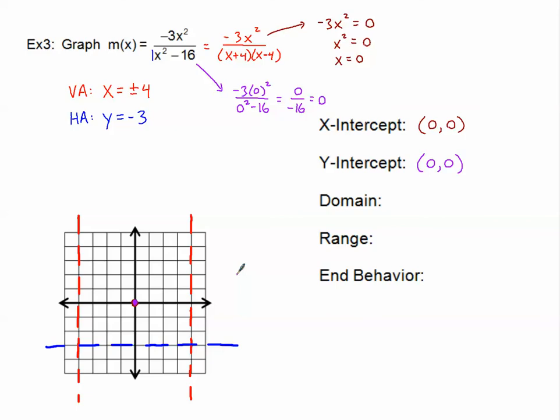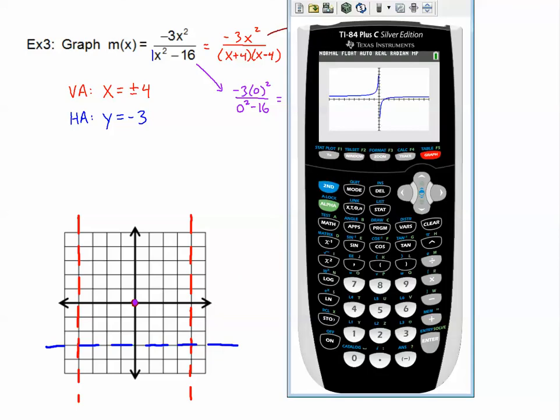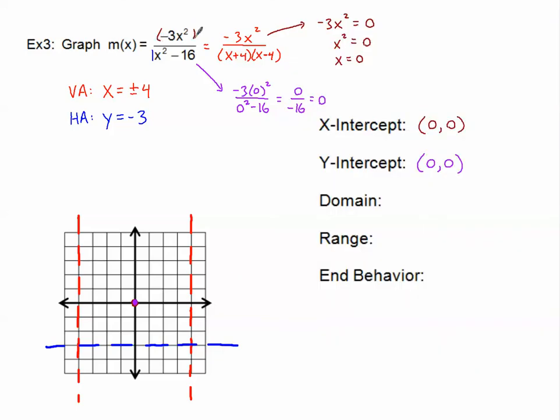Domain and range and end behavior I like to do once I've graphed it. So now let's plug into the calculator. Let's put the numerator in parentheses. Let's put the denominator in parentheses. If you use the original problem, that's great. If you use the factored version, that's fine as long as you put parentheses around those parentheses.